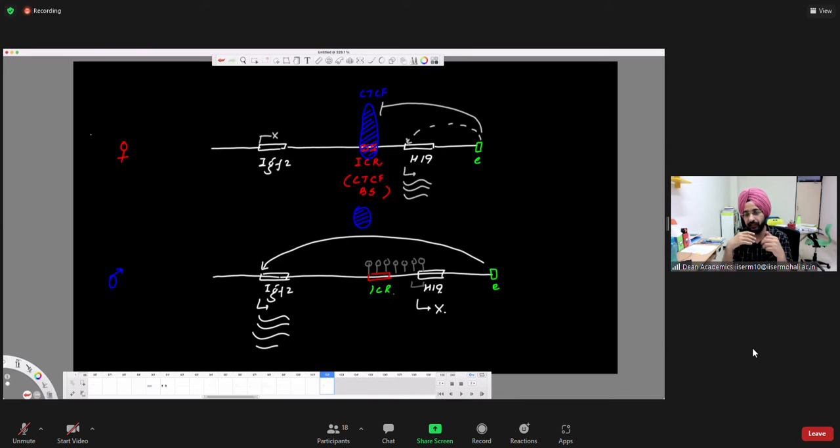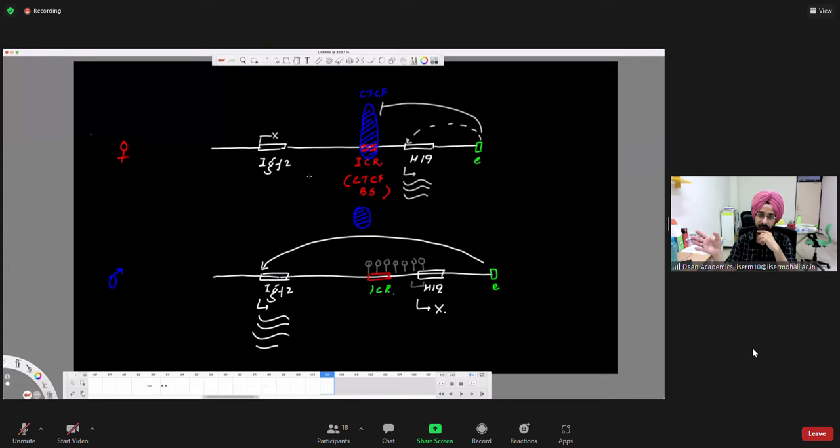Now, interestingly, if you have a mutation in the CTCF binding site of this ICR, of course you will have biallelic expression. It turns out that with the mutation, the maternal allele starts replicating early. Not only the IGF2 and H19 genes, but all the maternal copies of imprinted genes in the rest of the chromosomes also.